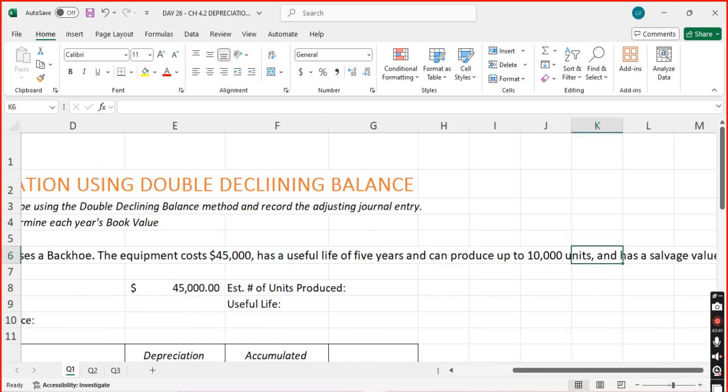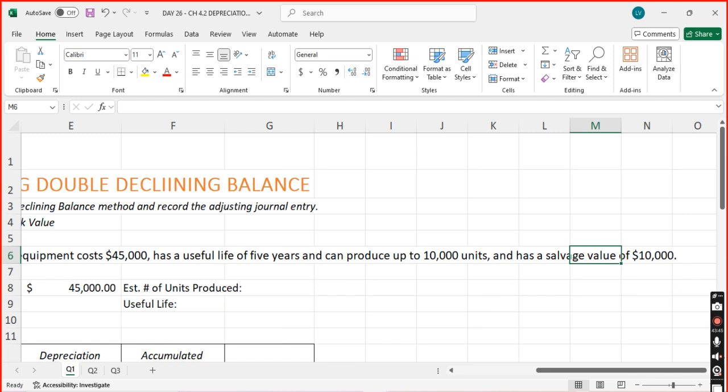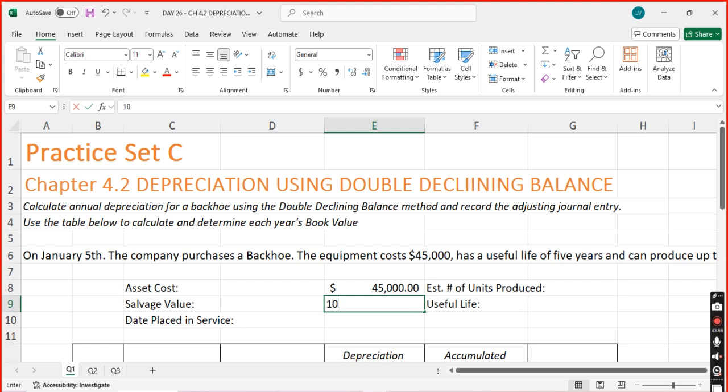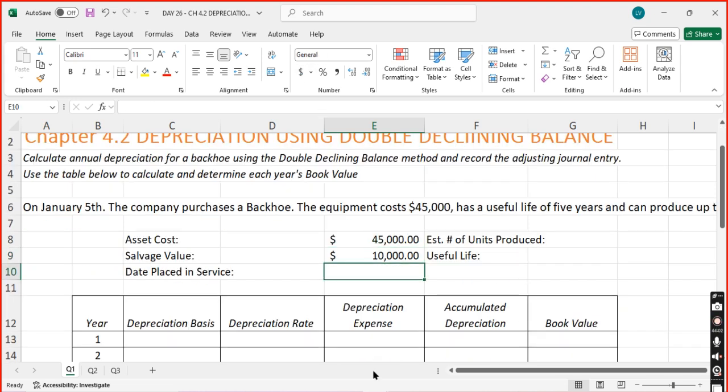What's the salvage value going to be? $10,000. Good. What is the date that you place it into service?